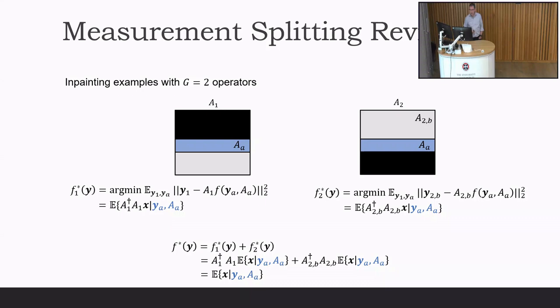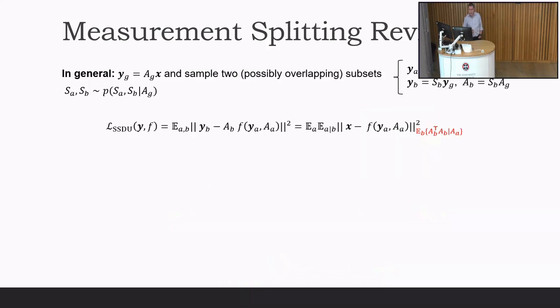Okay, so how do we do this in practice? Well, in general, I'm going to generate multiple sets of measurements, and these measurements are going to have a component that is the same and a component that is different.